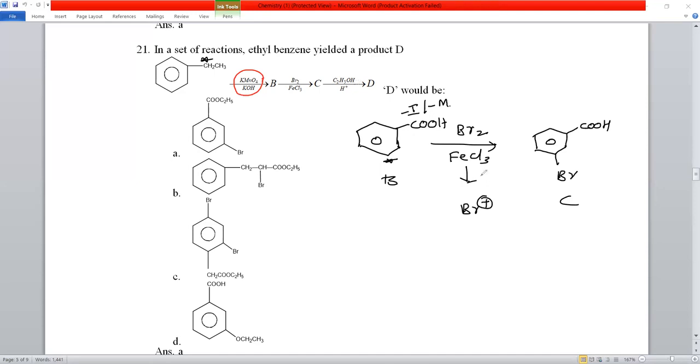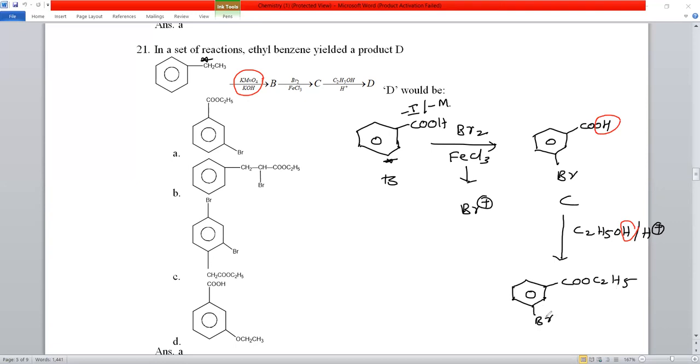The C compound is treated with ethyl alcohol in the presence of H plus. So what is this? An esterification reaction, acid as well as alcohol. From the acid we remove the OH group, and from the alcohol we remove only the H. So elimination of water takes place and we get the ester: COOC2H5 with bromine here.